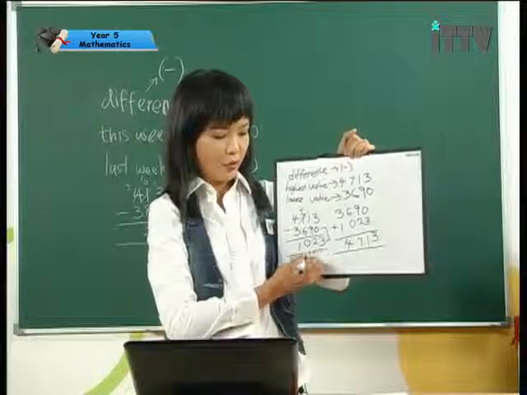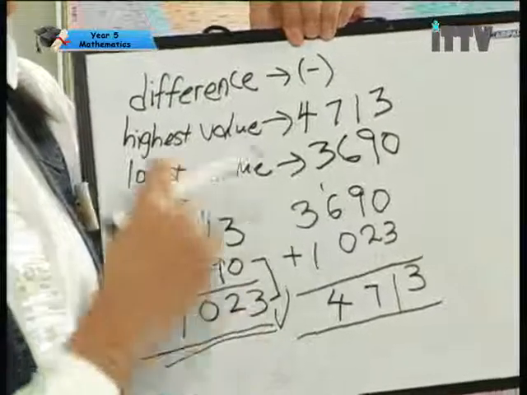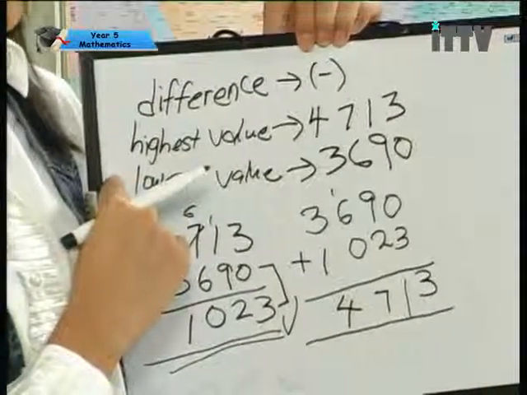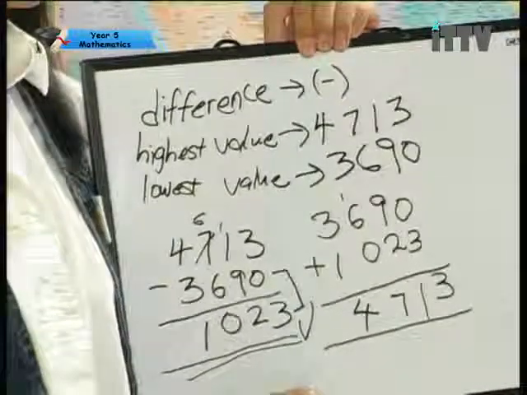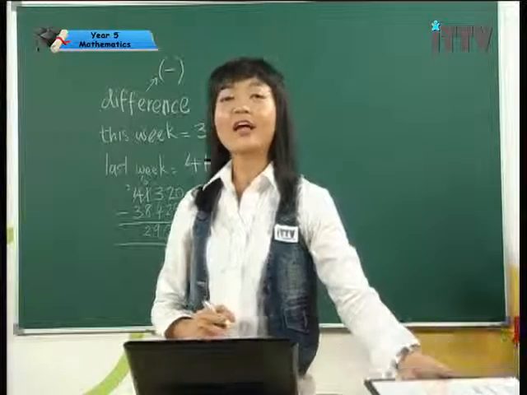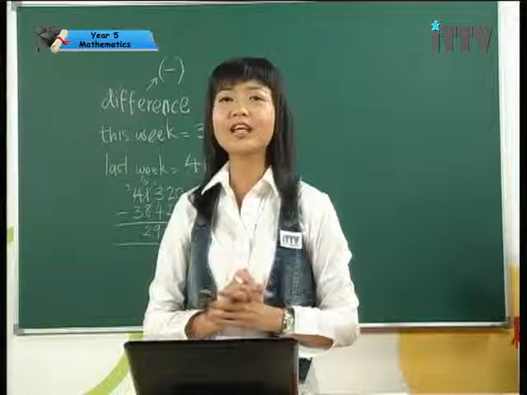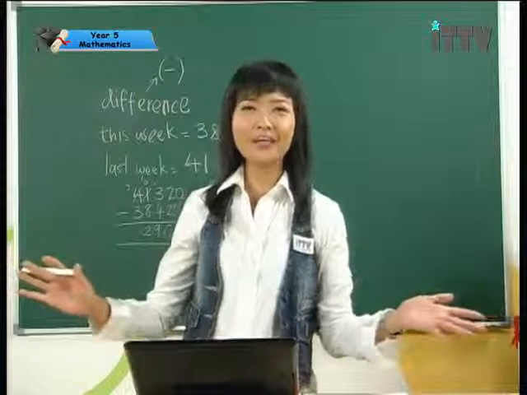That means our answer over here is correct. The difference between the highest value and the lowest value is 1,023. Great job, everybody! You have now learned how to subtract and how to solve problems using subtraction. Now, let's take a break, shall we?